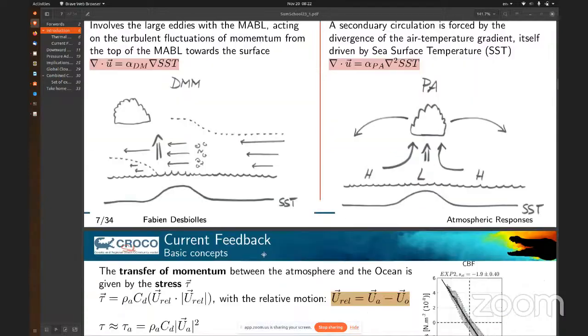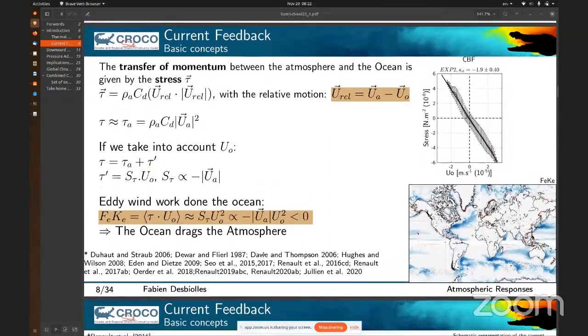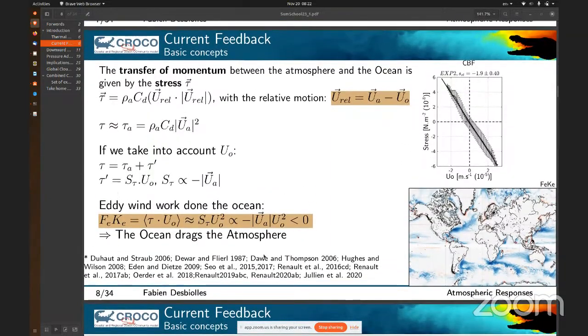Now, a quick introduction on current feedback. Lionel is going to give some more detail about the current feedback, but here I present you the general idea. The general idea is that the transfer of momentum between the atmosphere and the ocean is given by the relative speed between atmosphere and ocean.